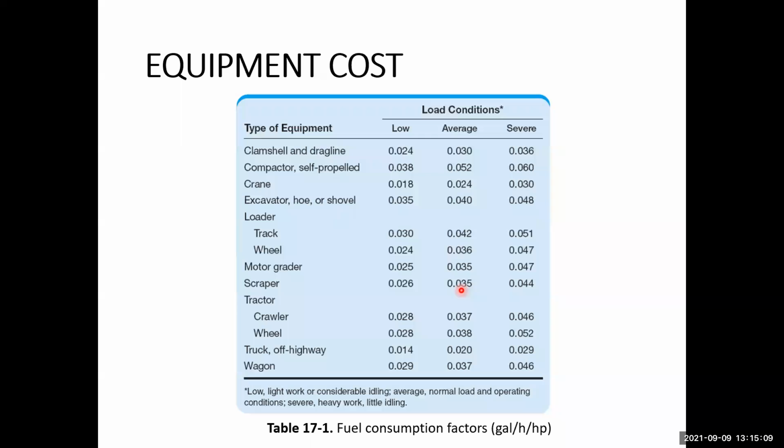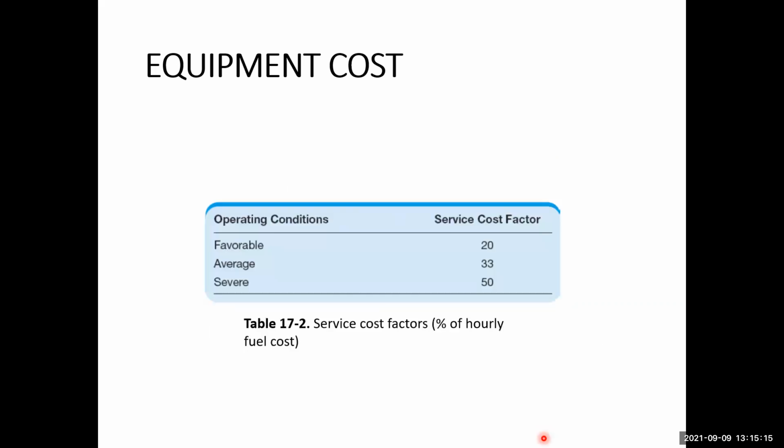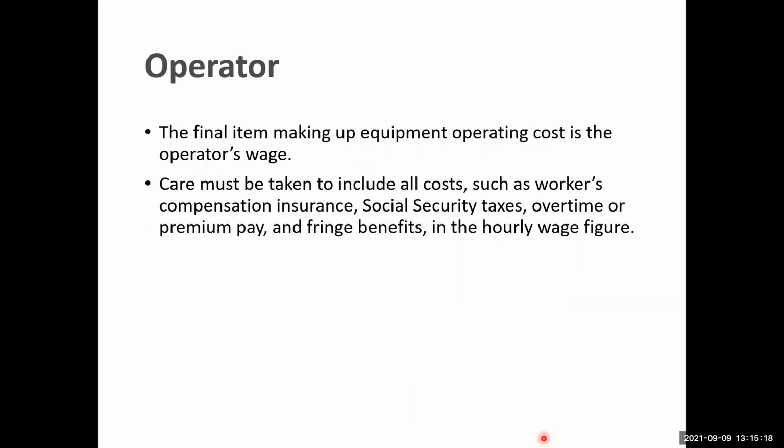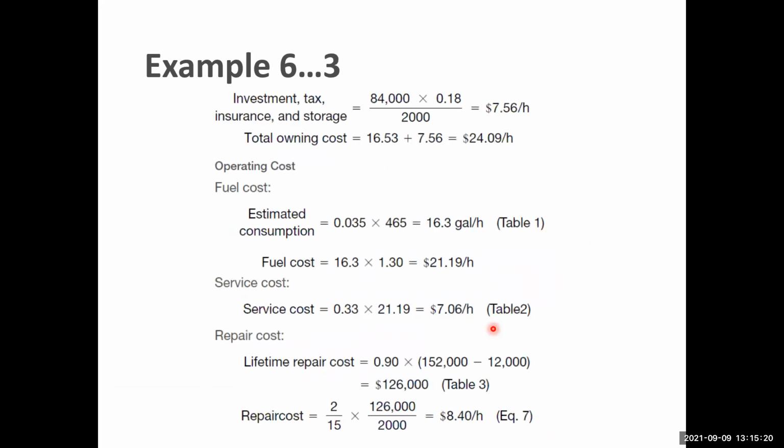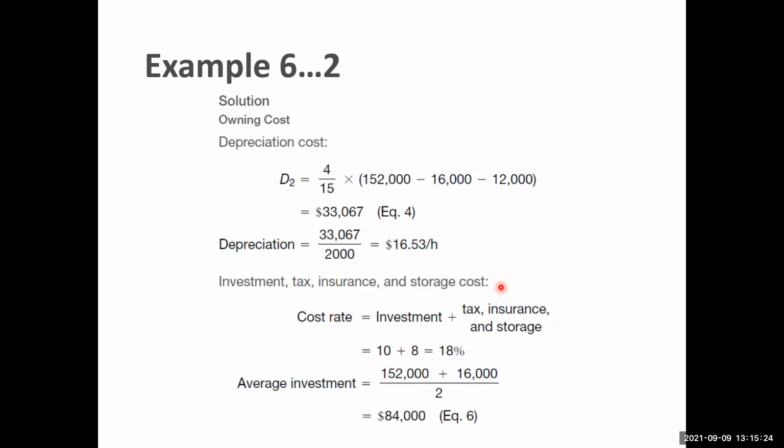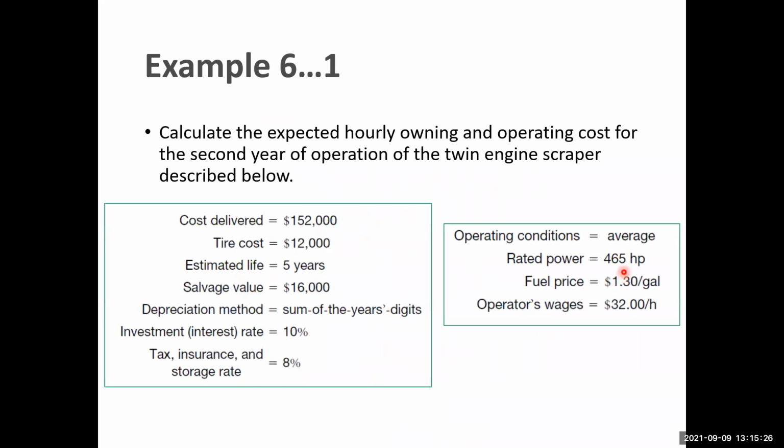Okay, so we will use this 0.035 value, and then we have to multiply it by the horsepower of the machine. So 0.035, and then we are using a 465 horsepower machine, right?